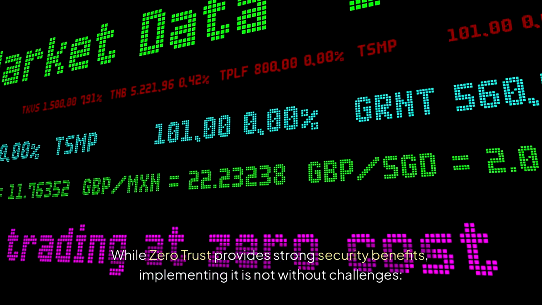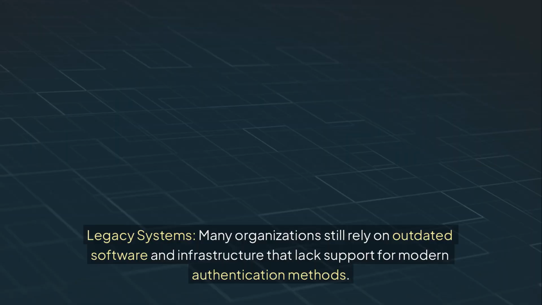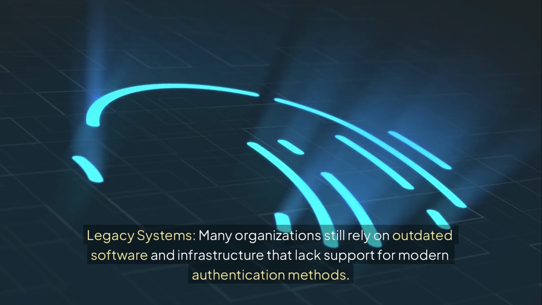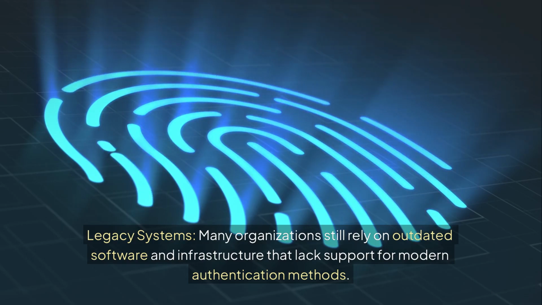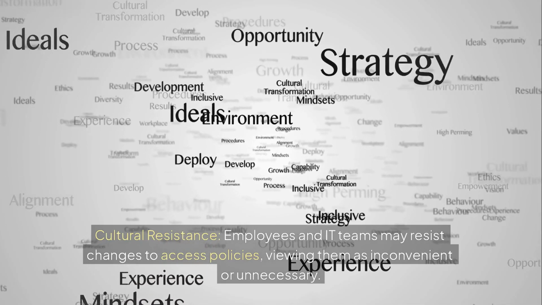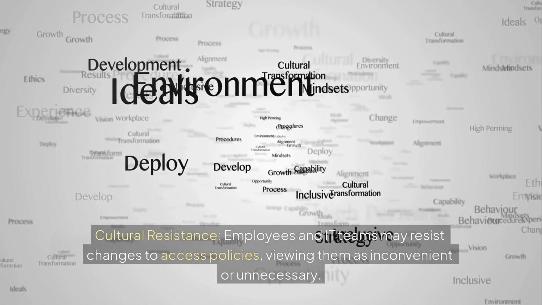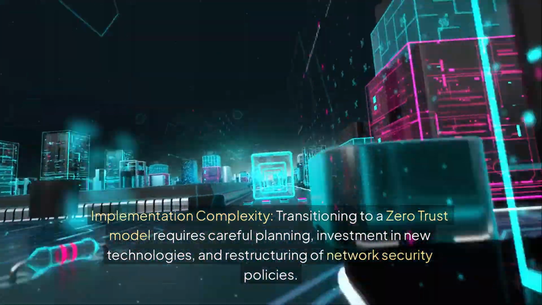While Zero Trust provides strong security benefits, implementing it is not without challenges. Legacy systems. Many organizations still rely on outdated software and infrastructure that lack support for modern authentication methods. Cultural resistance. Employees and IT teams may resist changes to access policies, viewing them as inconvenient or unnecessary. Implementation complexity.